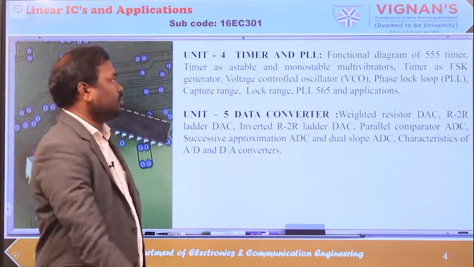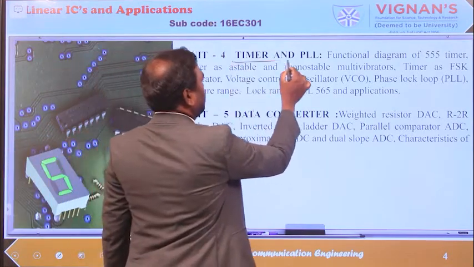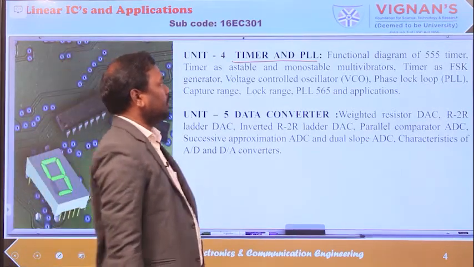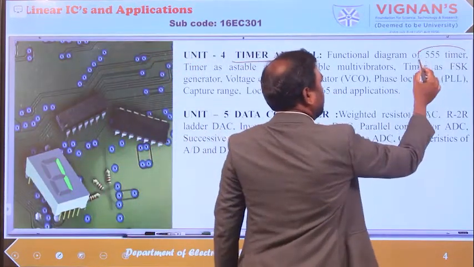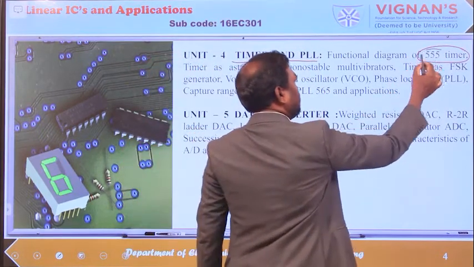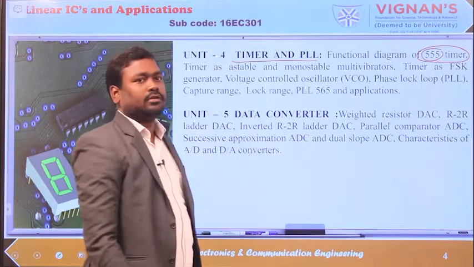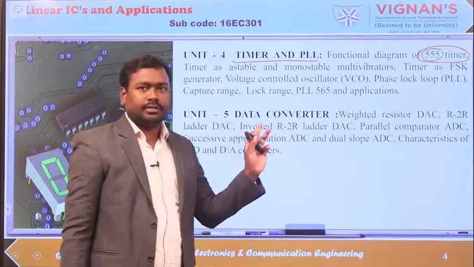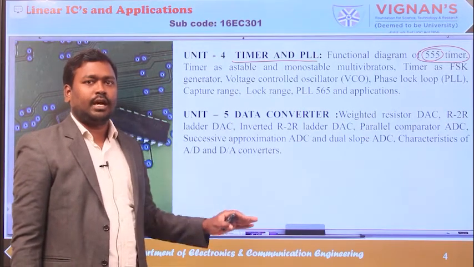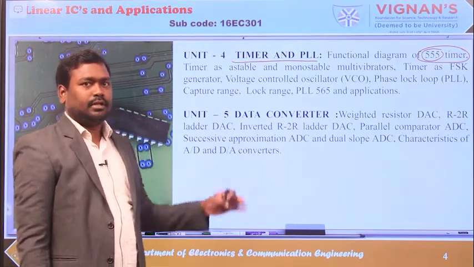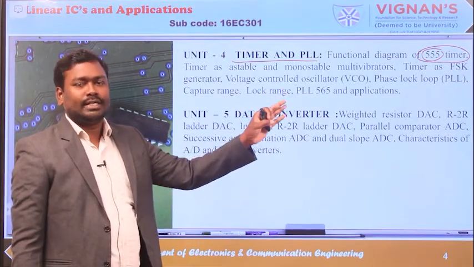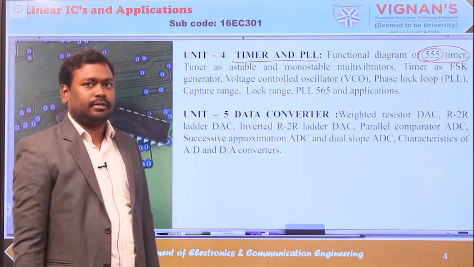The fourth unit is about timers and PLL. So here we discuss about the 555 timer. So 555 is the IC number. So up to third unit, we discuss only IC 741. In the fourth unit, we are studying about a new IC, the 555 timer.